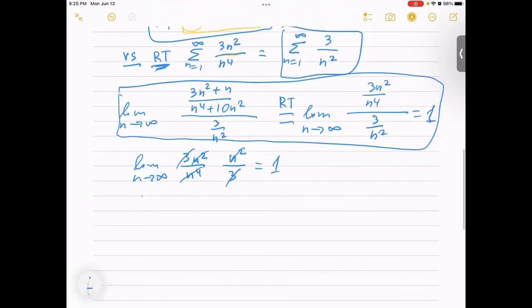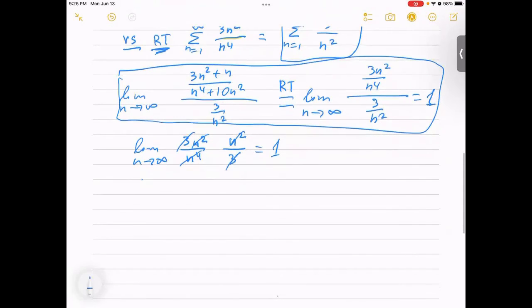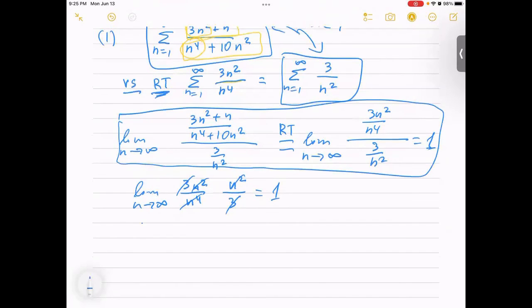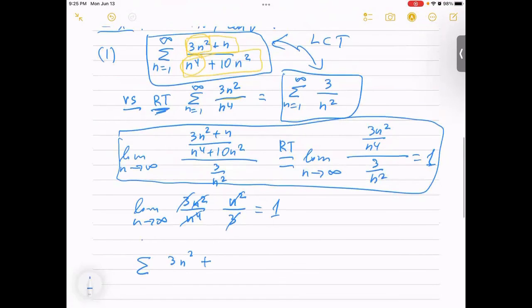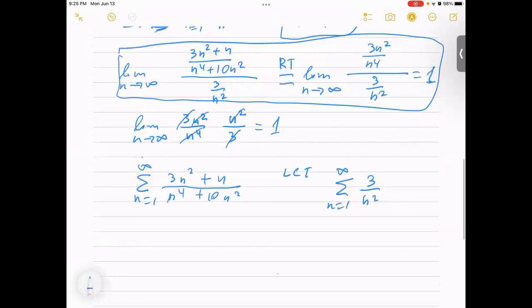Now to finish the problem, we know that the original series, 3n squared plus n divided by n to the fourth plus 10n squared, from 1 to infinity, we're allowed to LCT with 3 over n squared from 1 to infinity. The second series is straightforward.